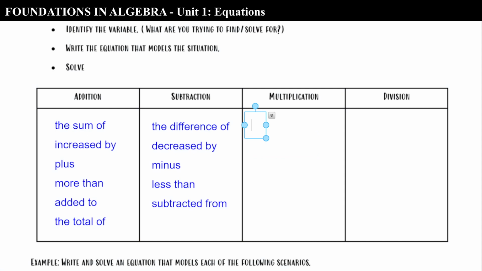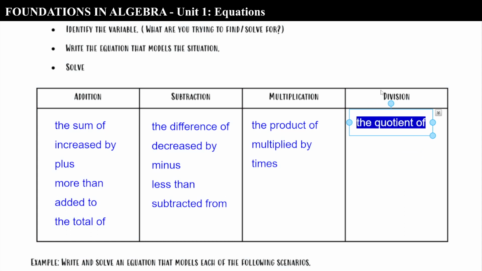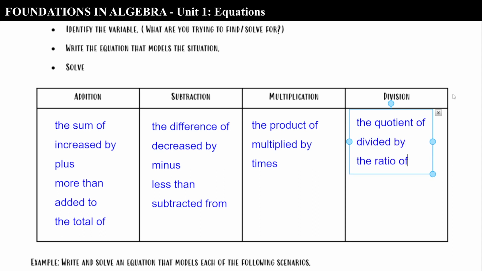We have phrases such as the product of, multiplied by, and times. And then for division, we have the quotient of, as well as divided by, and the ratio of.